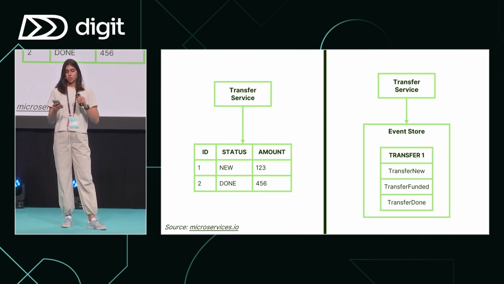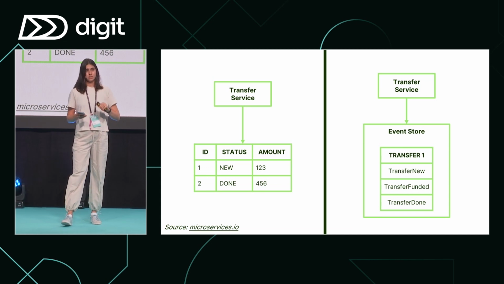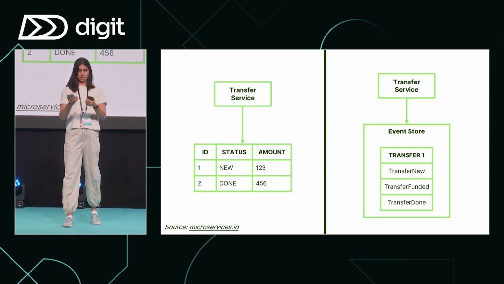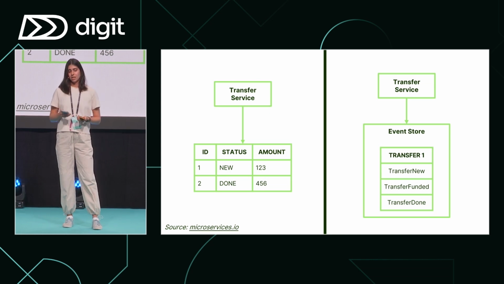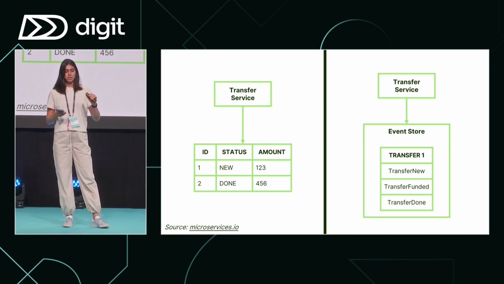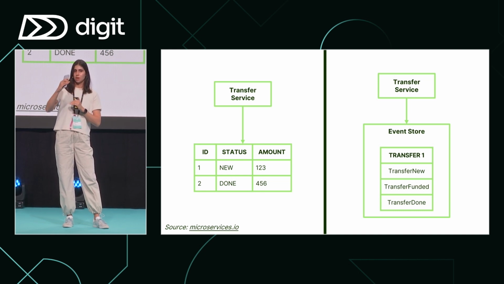And an application using event sourcing would construct the latest state of an object, in this case, transfer 1, by replaying these events. We can use snapshotting to save some state at the time of these events, to reduce the number of events to be replayed by the application to get the latest state.